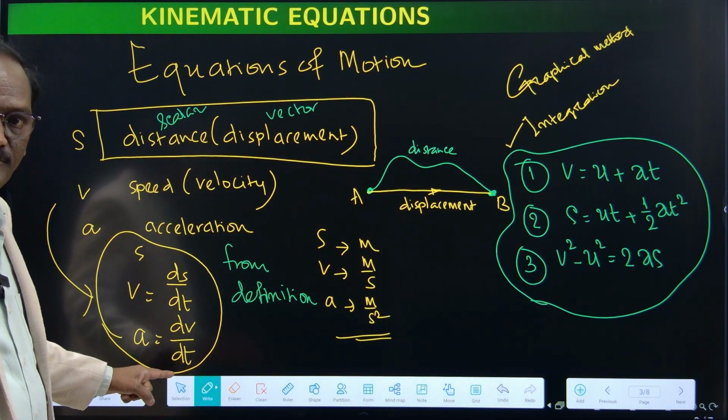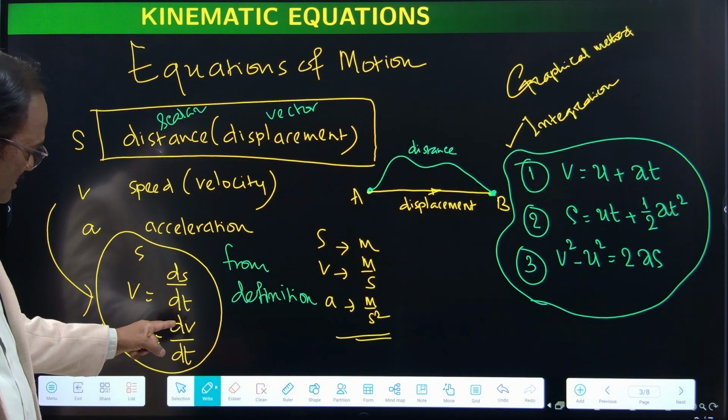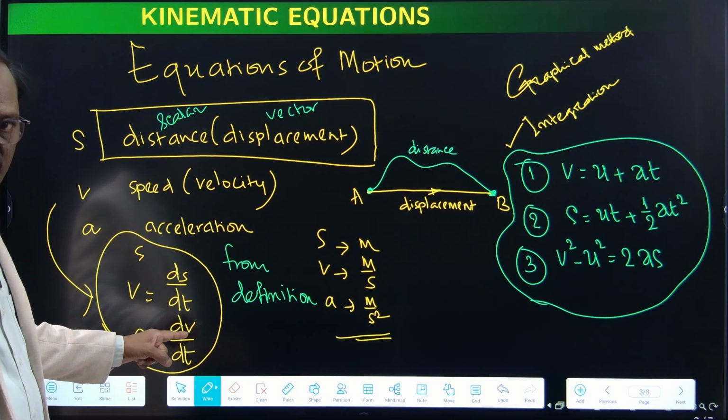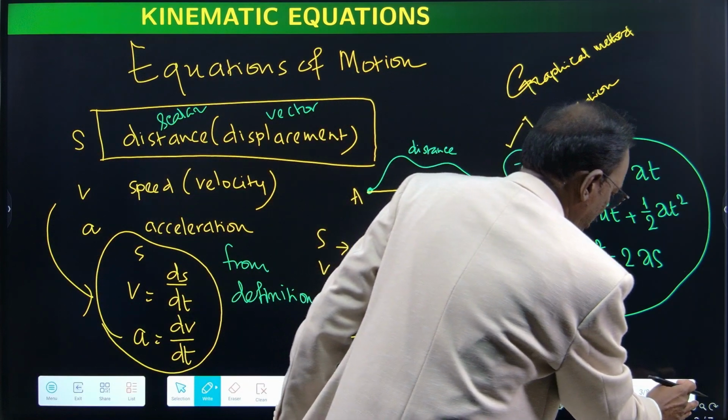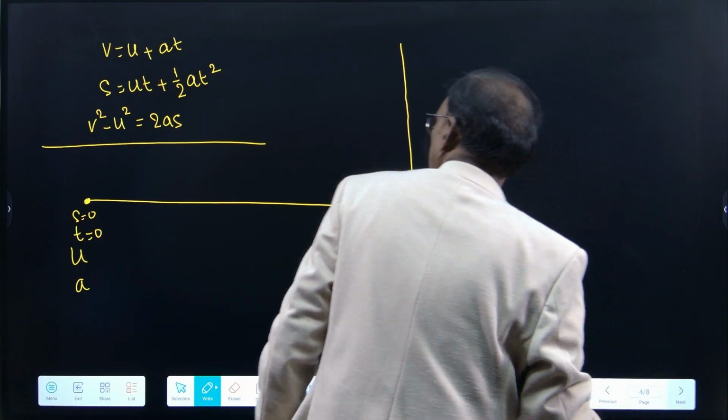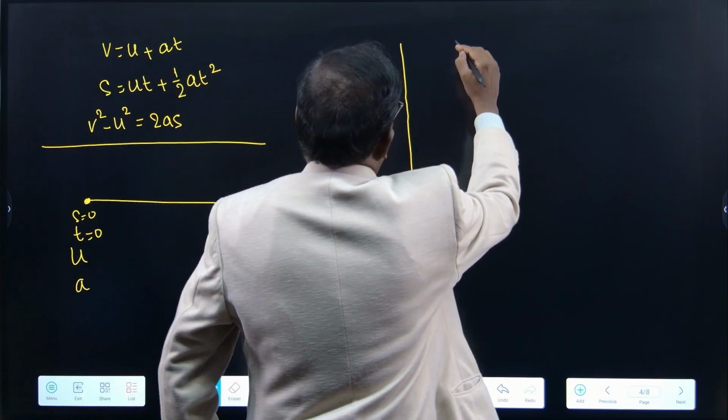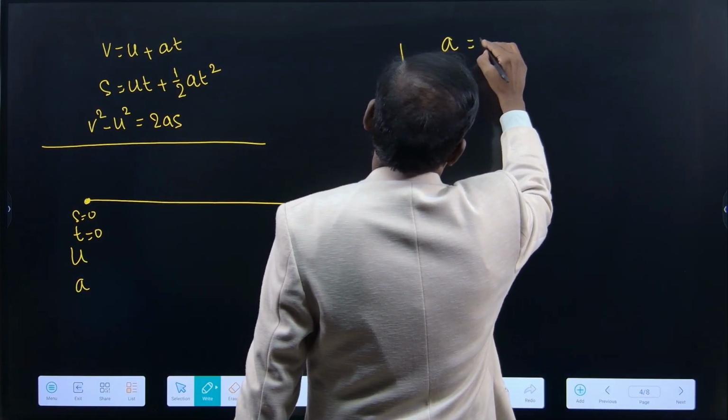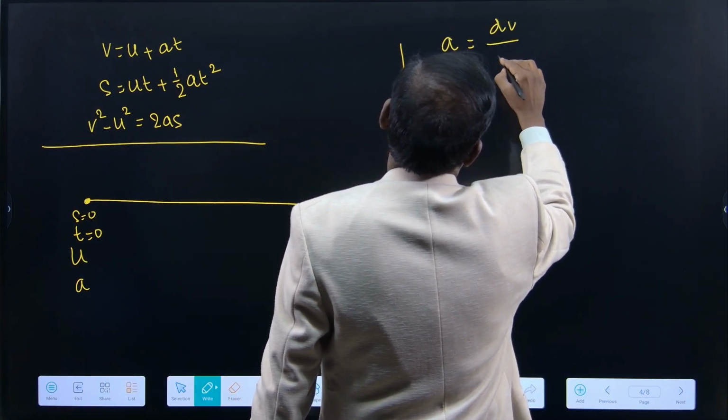From the definition, a is equal to dv by dt. Acceleration is equal to change in velocity over change in time. From here, I am going to start the first derivation. Acceleration is equal to dv by dt.